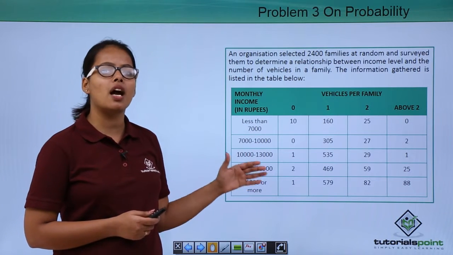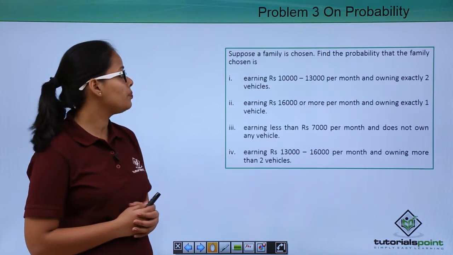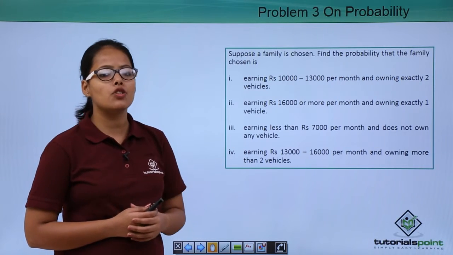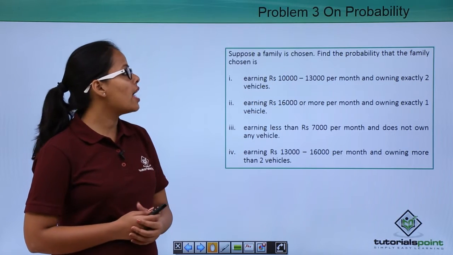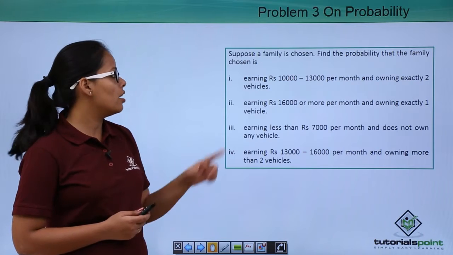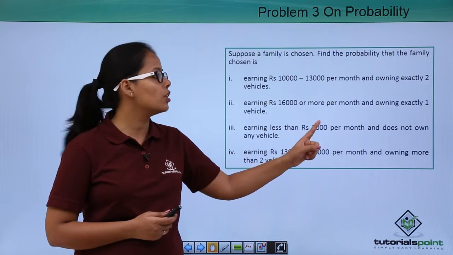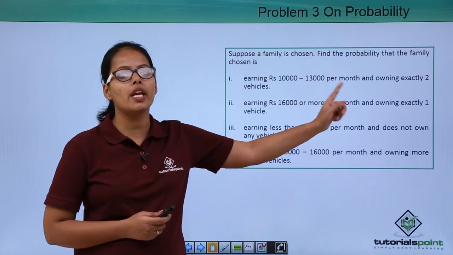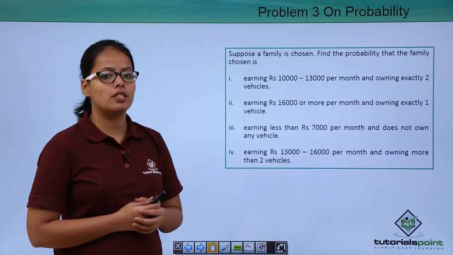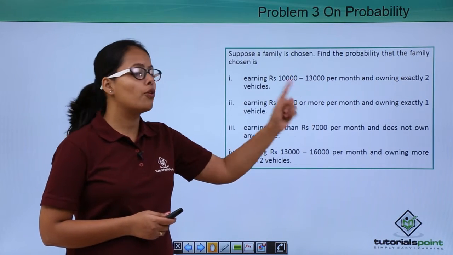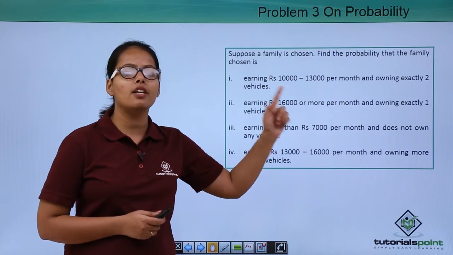Now the question regarding this problem is, suppose a family is chosen, find the probability that the family chosen is earning rupees 10,000 to 13,000 per month and owning exactly 2 vehicles. Make sure they are asking for exactly 2 vehicles.